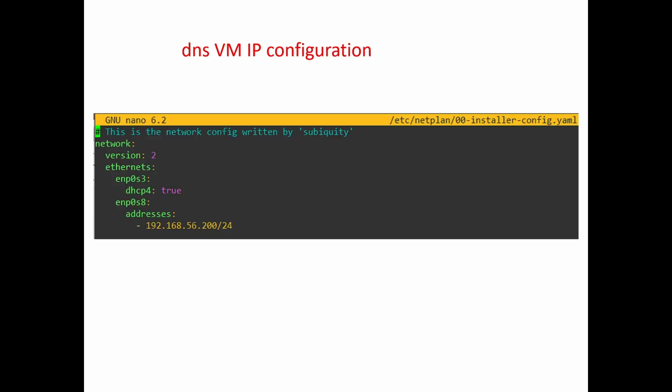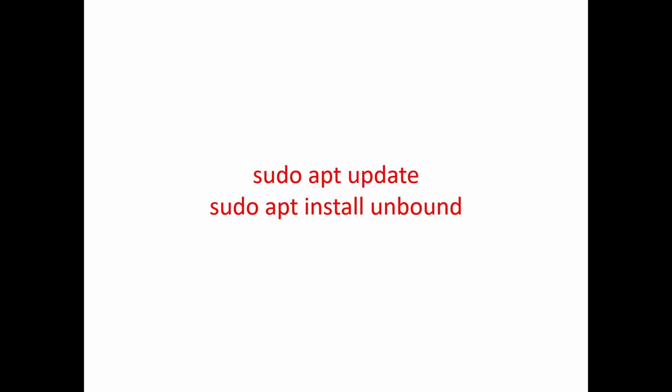After you have configured that it has two IP addresses from ENP0S3 and ENP0S8, we can then do these two commands: sudo apt update and sudo apt install unbound.